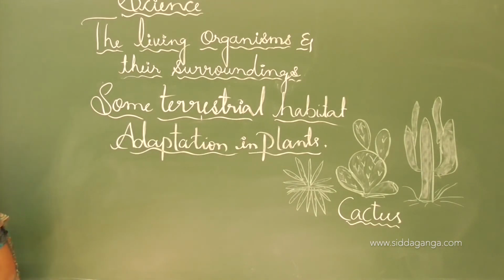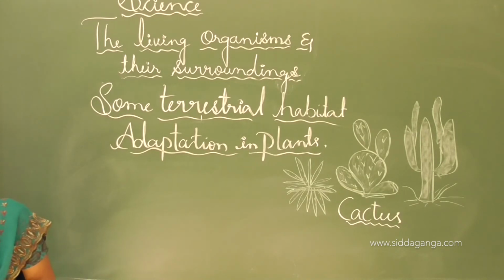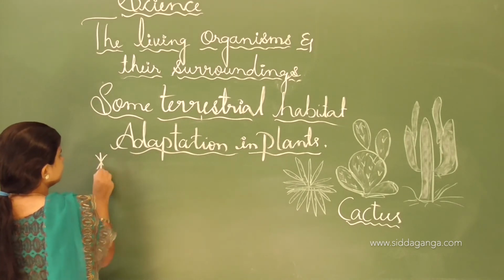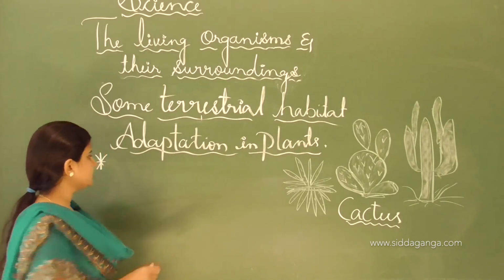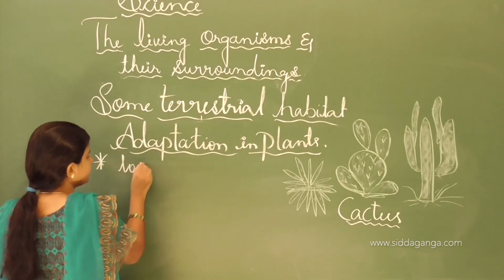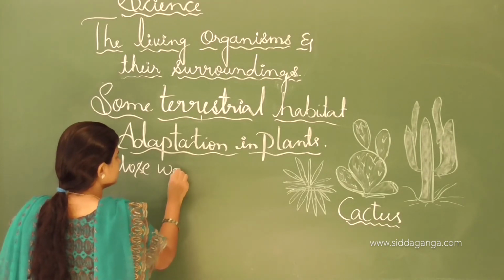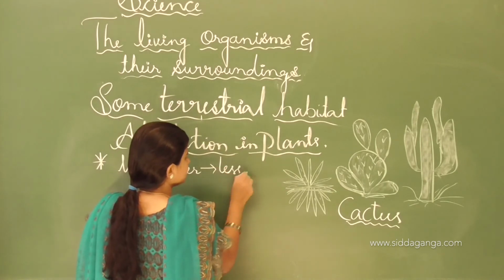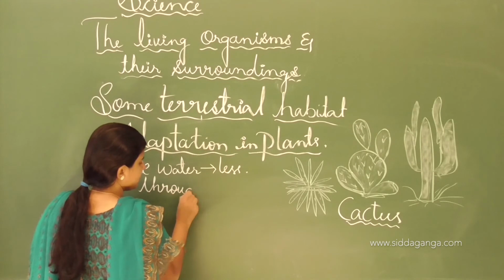In adaptation in plants, plants lose little water through transpiration. Those plants adapted to live in the desert region lose very little water through transpiration.